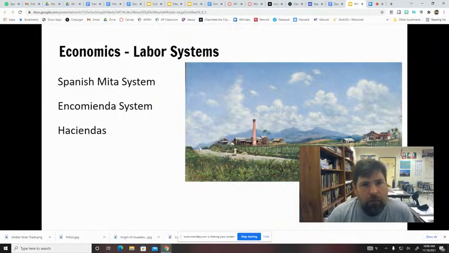Another example of labor systems that were set up in the Americas was the encomienda system. The encomienda system is very similar to feudalism in that the Spanish crown divided up its territory among what they called viceroys.